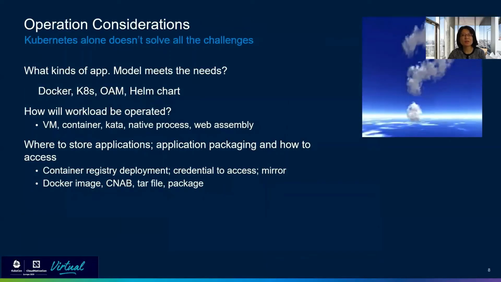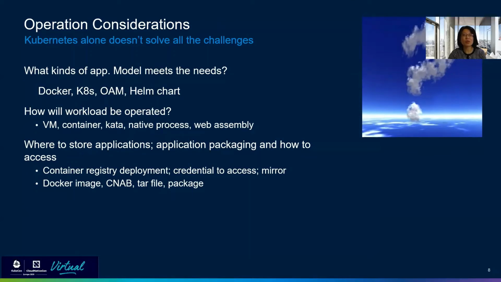Now, let's see the operational consideration. Running a Kubernetes cluster at the edge will have a lot of challenges. For example, we need to evaluate what kind of app model to be used. In the industry, there are Docker, Kubernetes, Helm, and Open Application Model. Each provides APIs and command line tools.